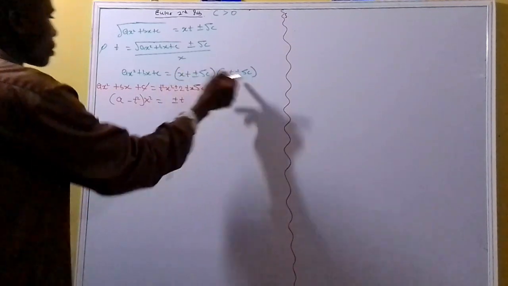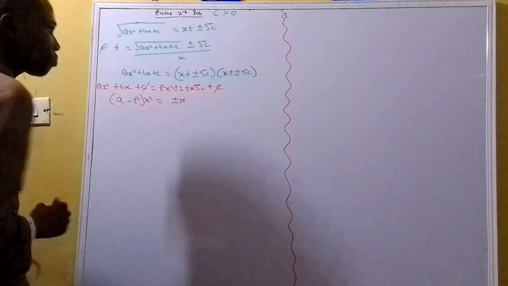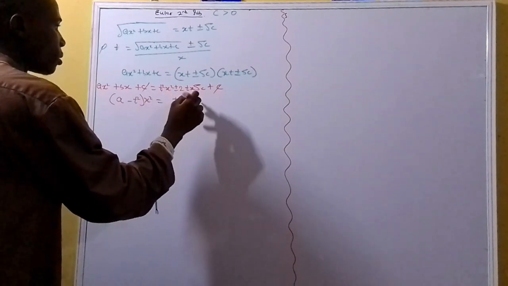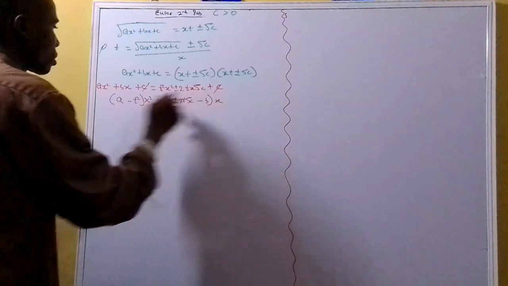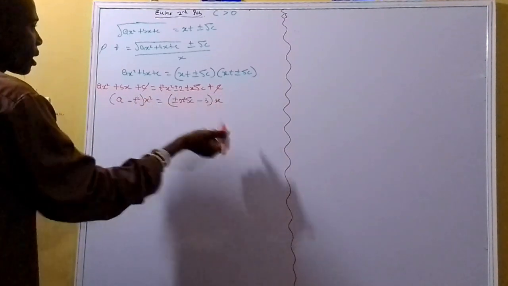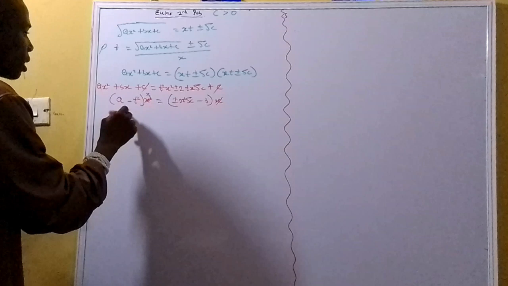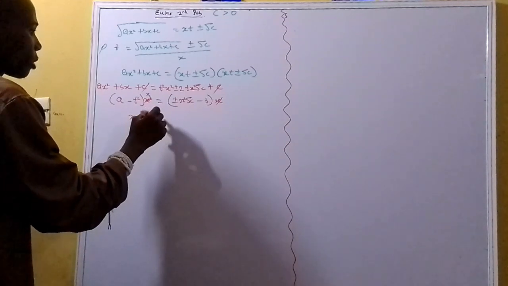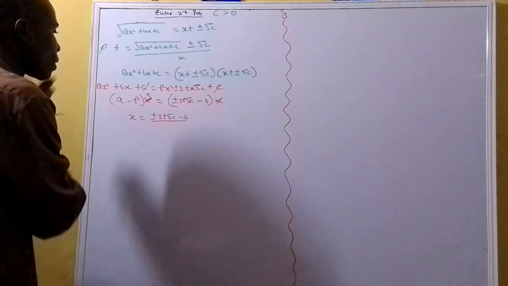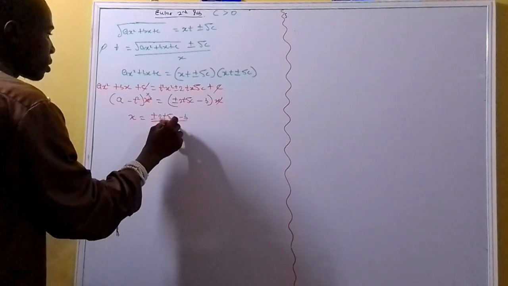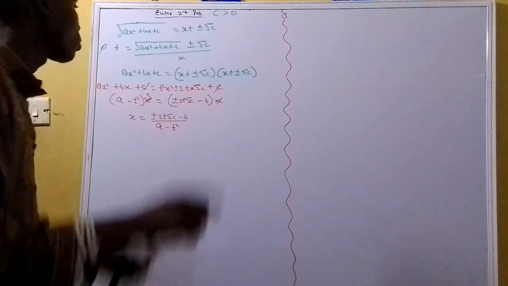So 2t root c, then minus b times x. Dividing both sides by x will cancel out x, leaving ordinary 1x here. Then automatically our x will be equal to plus or minus 2t root c minus b over a minus t squared.